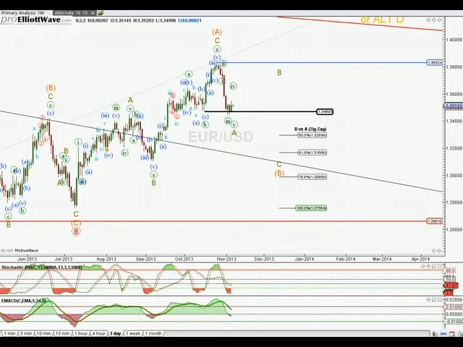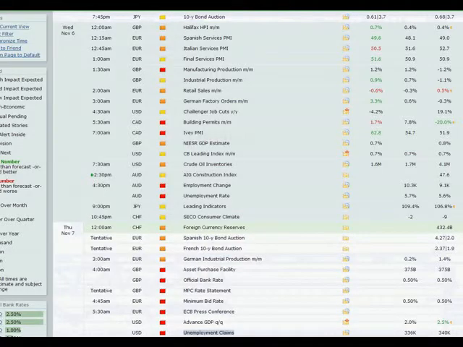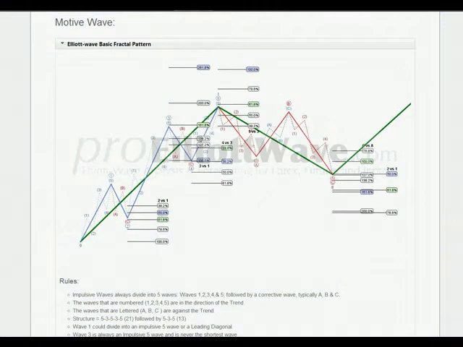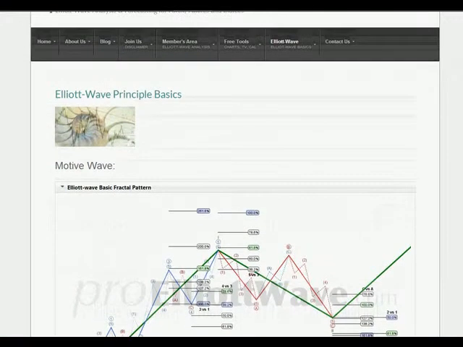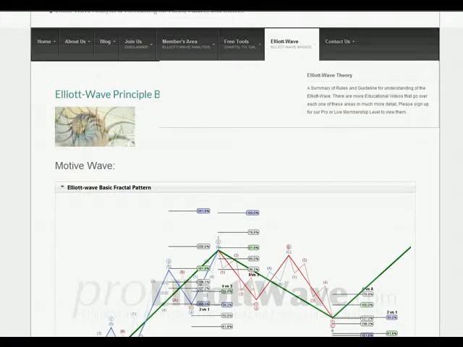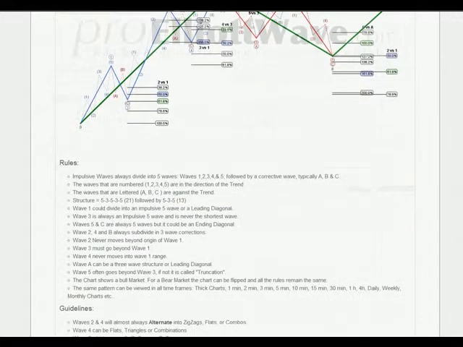And if you want to get more information about all these rules and regulations, I would move back to our site, and under the Elliott wave analysis tab, Elliott wave basics, you'll see all these patterns.